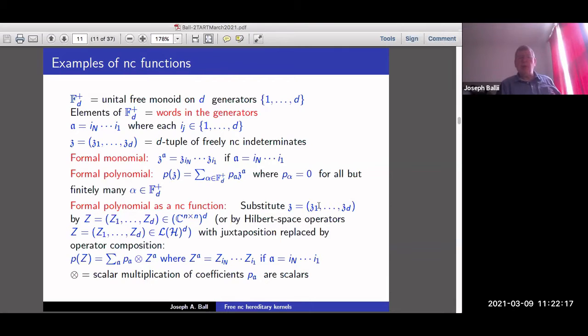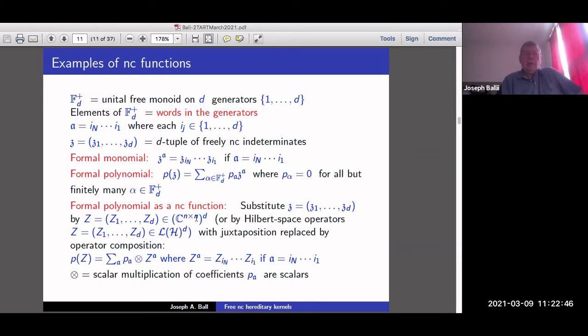We want to make a substitution for the variables by operators. So we'll take V to be d-tuples of complex numbers, and then n by n square matrices over d-tuples can also be thought of as a d-tuple of square matrices.